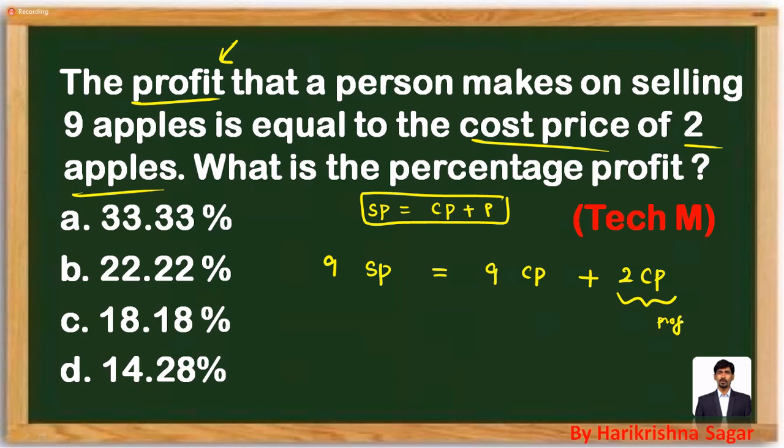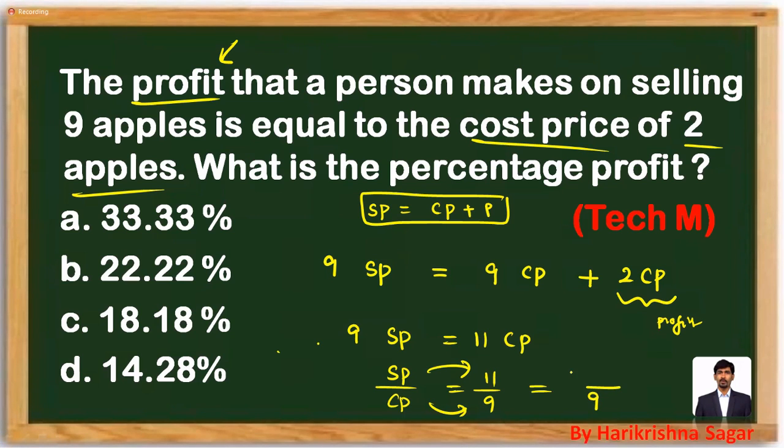Percentage profit: using this data, 9 apples selling price is equal to 11 apples cost price. So selling price divided by cost price will be equal to 11 divided by 9. From this data, cost price is 9, selling price is 11, which means on top of 9 there is an increase of 2. 1 by 9 is 11.11, 2 by 9 is 22.22%.